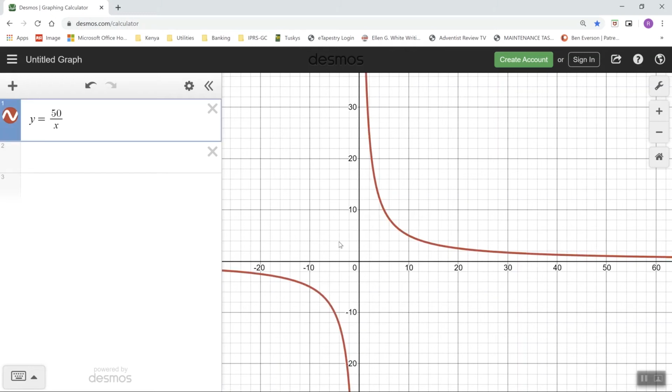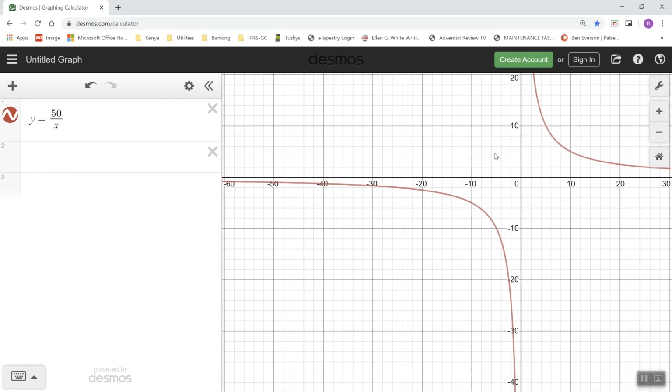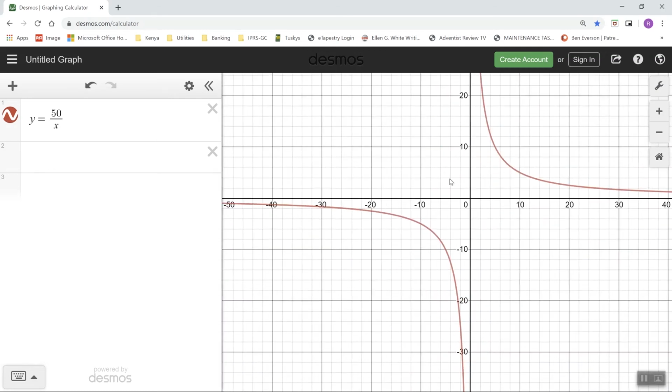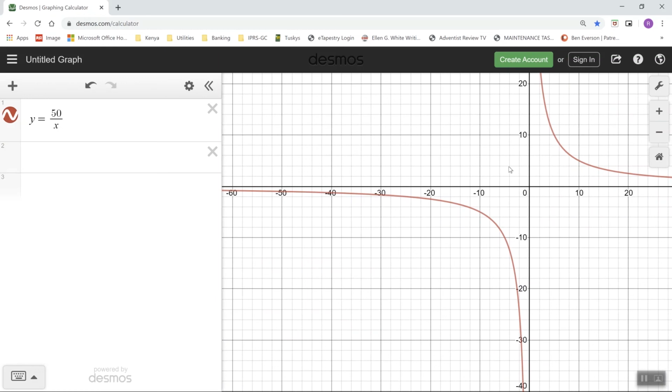Okay? And the same thing is also true over here. When x is very, very big, you see that this red line is coming up and it's approaching 0, but it's approaching from the bottom side. It's approaching from the bottom side. And now when x is getting smaller and smaller, coming back towards 0 here, from the negative side, as x is getting smaller, what's happening to y?